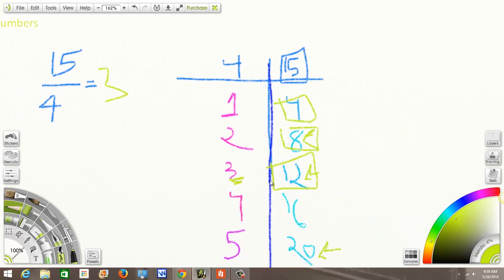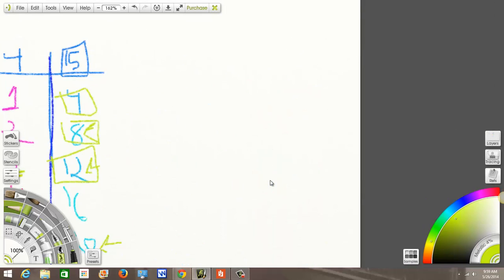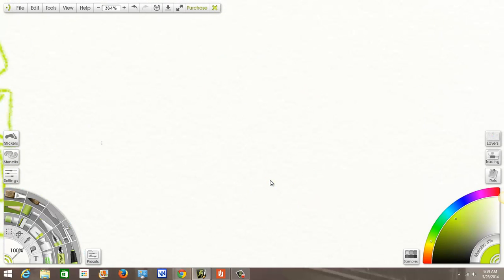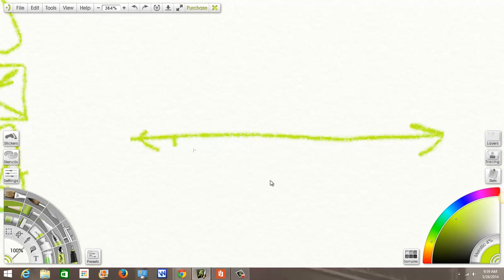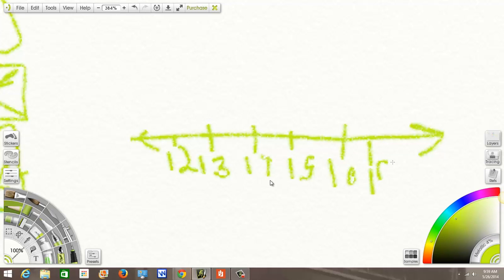And how many paces is 12 away from 15? Well, let's look at the number line. Man, this is really zoomed up. I mean the canvas. So this is 0, 1, 2. No, I can't go that far. Let me just go to the other side. What number? 12, right? We chose 12. 12, 13, 14, 15, 16, and lastly 17.